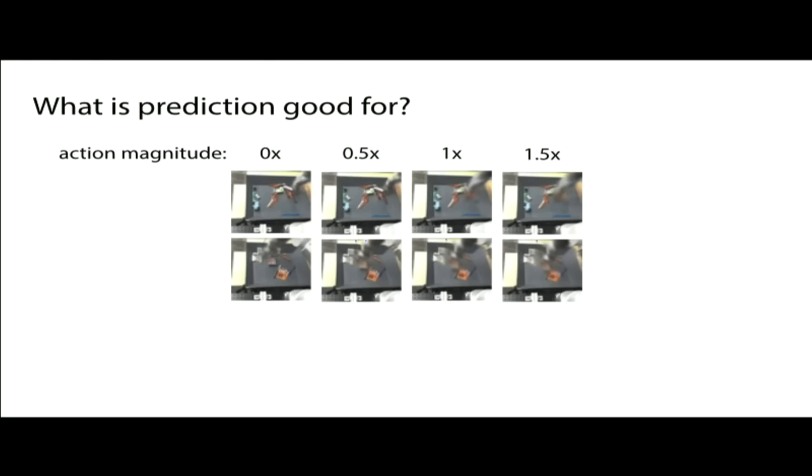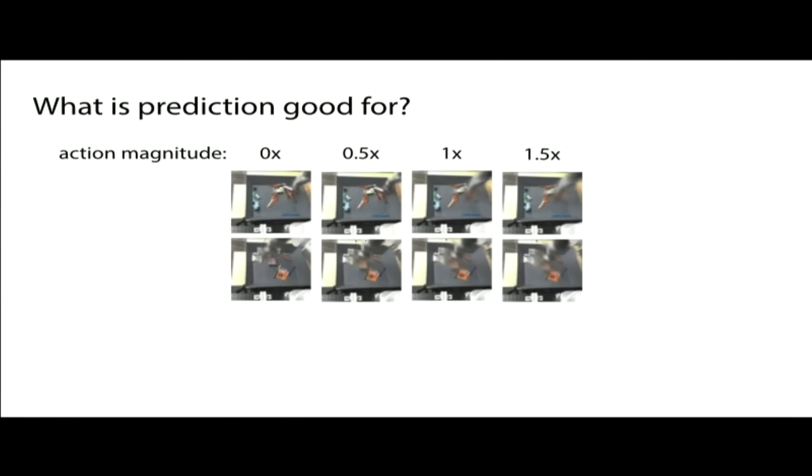So what you can use these predictions for is to predict what's going to happen in the future and imagine different futures based off of different actions that you took. In the third column, I show the videos that were predicted from the original actions in the database. But if you decrease the magnitude of the actions, basically tell the arm to move less, and pass those actions into the model, you get a different prediction.